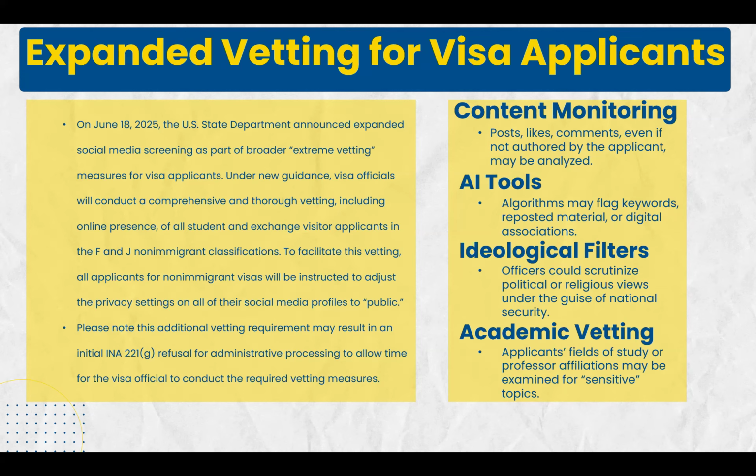The officers could be scrutinizing political or religious views under the guise of national security. And of course, there's always academic vetting. So applicants' field of study or professors' affiliations may be examined for sensitive topics. So my recommendation for you is just make sure that your social media handles are public and that they are very general and you don't have some posts that could flag your visa application for further review.